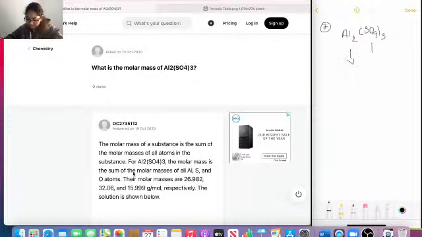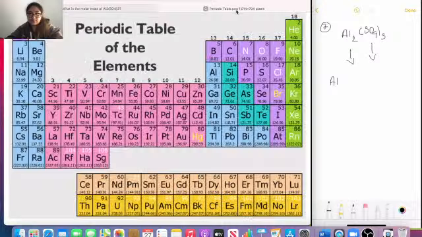Aluminum, if you see in our periodic table over here, is group 3, so it has 3 valence electrons. So it would be plus 3, since it needs to lose those 3 electrons rather than gaining them. So aluminum has a charge of plus 3.